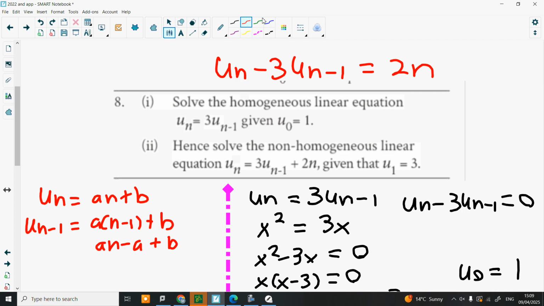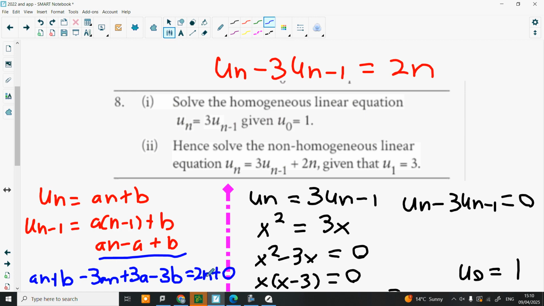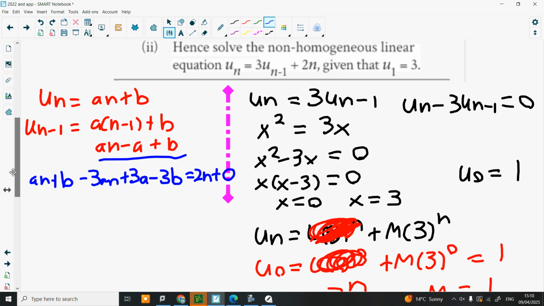All right, we're going to sub it in up here, aren't we? So it's going to be an plus b minus 3 of these, isn't it? 3 of them. Minus 3an plus 3a minus 3b equals 2n plus 0, yeah? And we're just going to zone in on the n's, aren't we?